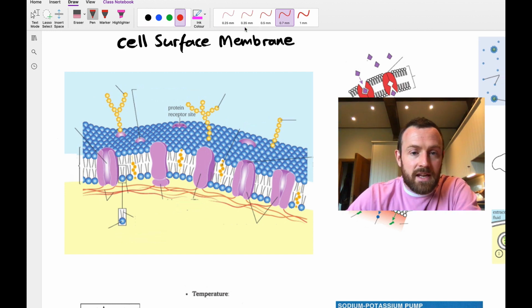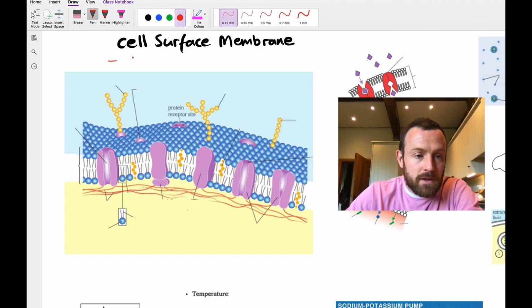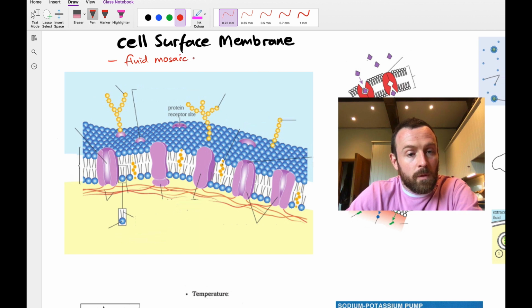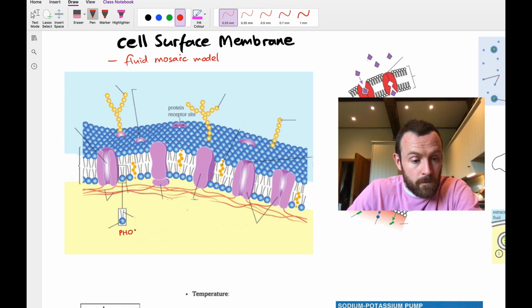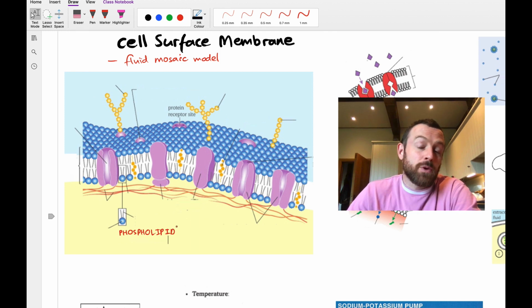Now we say that it is a fluid mosaic model, and that's because the main component of the membrane is a phospholipid. So this is a phospholipid down here. But there's other stuff stuck into it, like a mosaic.